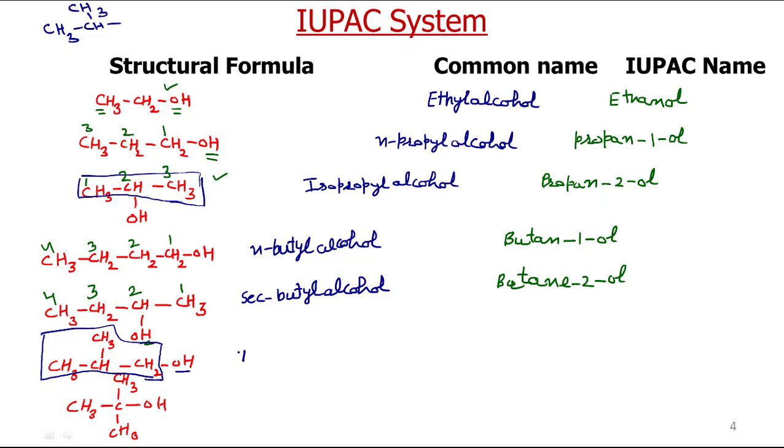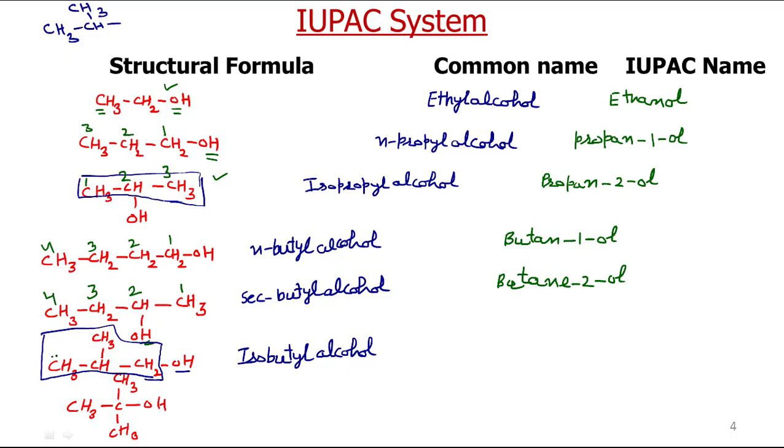So its common name will be isobutyl alcohol. When we have to give its IUPAC name, first we have to identify the longest chain containing the OH group. So it is 1, 2.